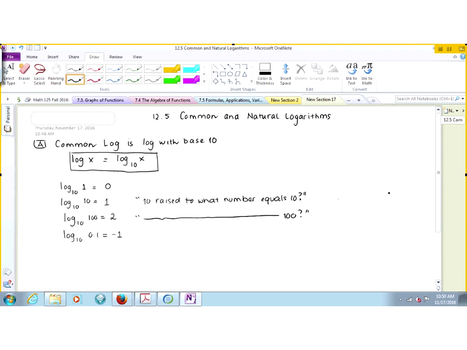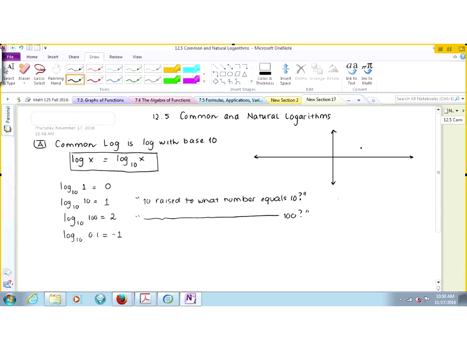So when you graph this, it's really big, but you could still see the shape. So if I'm graphing this log base 10, this is really big.